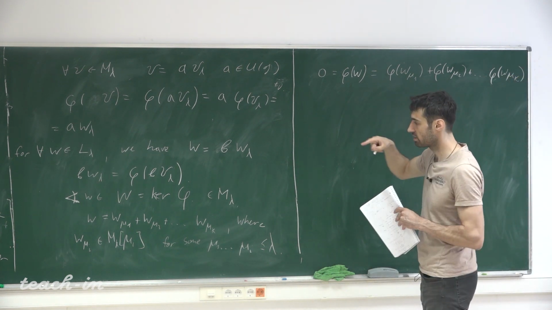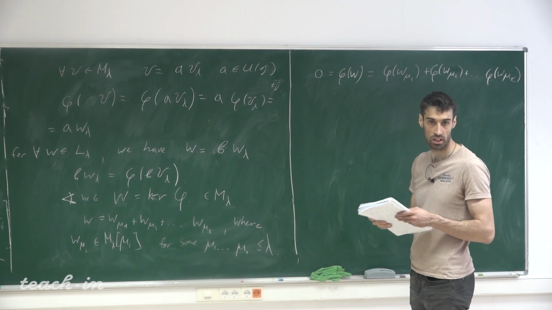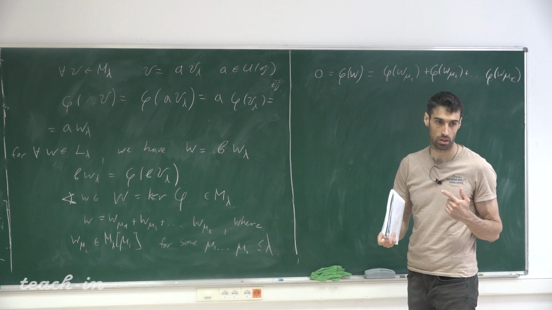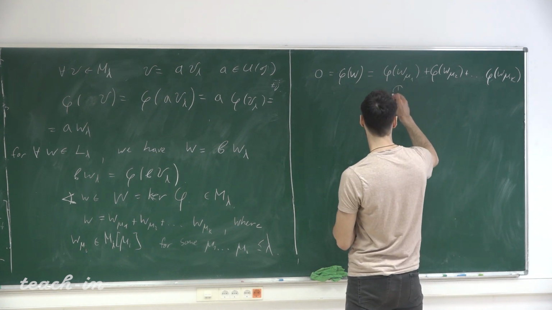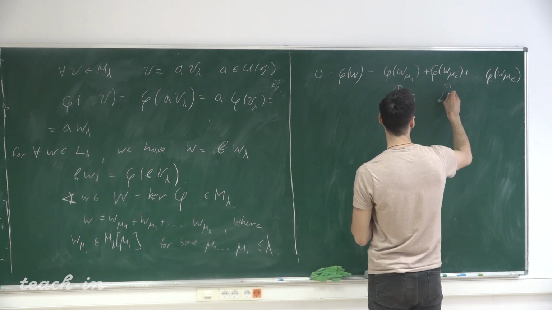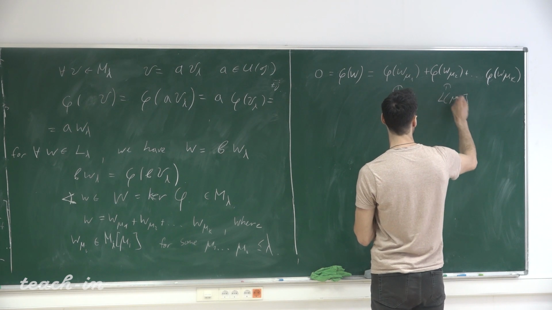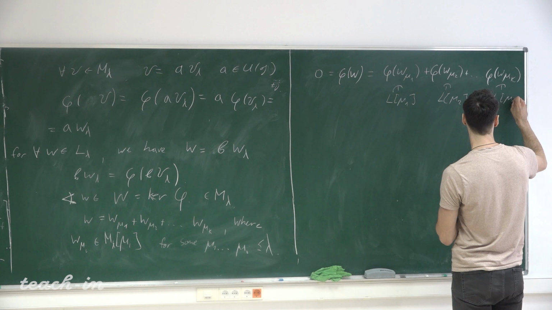Moreover, phi, since it's a homomorphism of representations, sends weight vector to weight vector. So this belongs to L mu 1, this belongs to L mu 2, and so on, this belongs to L mu k.